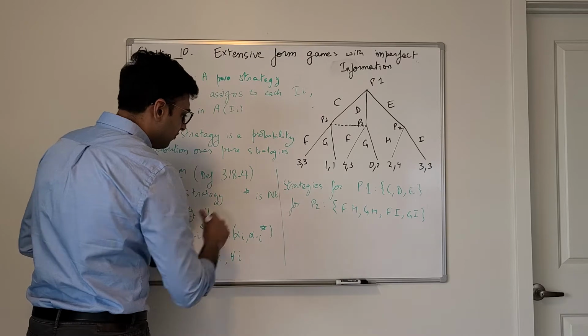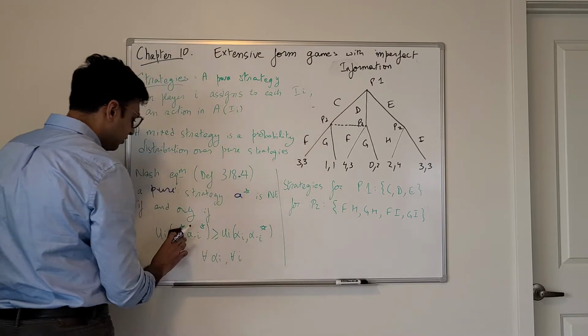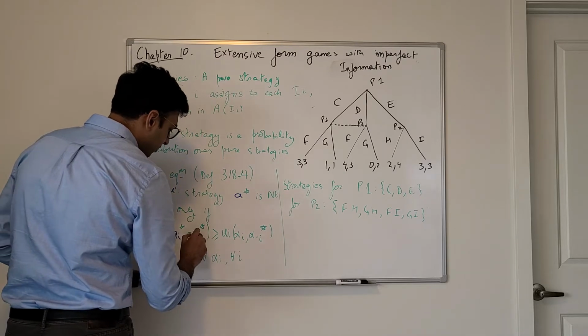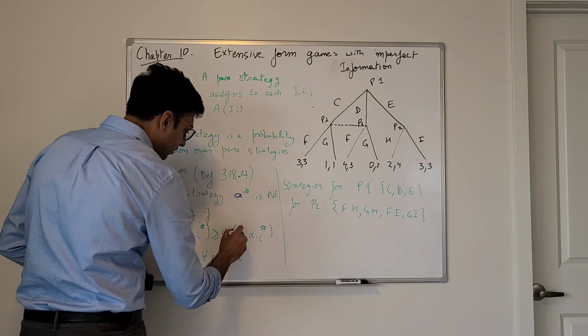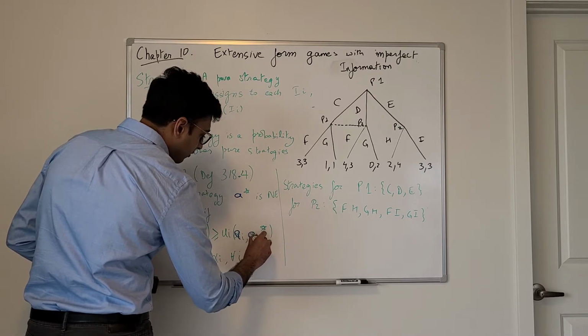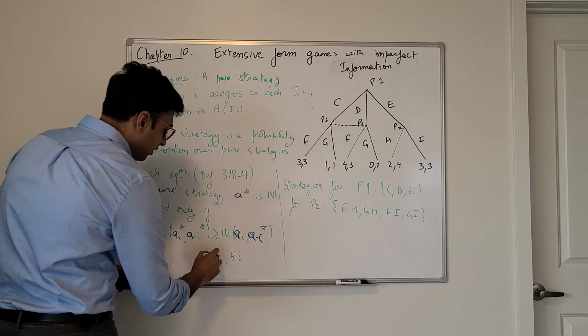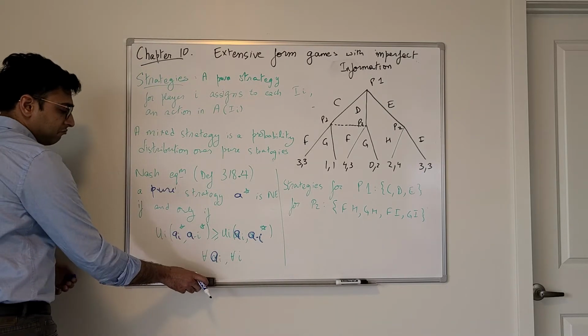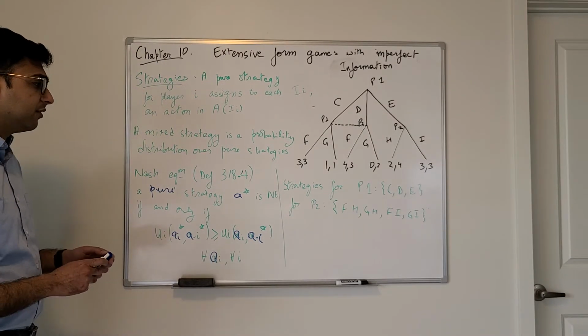Instead of alpha, we've been using A for pure strategies. This becomes A I star. This becomes A minus I star. This becomes A I star and A minus I star. And that has to hold for all A I and for all I. That's pretty much it. That's the only difference.